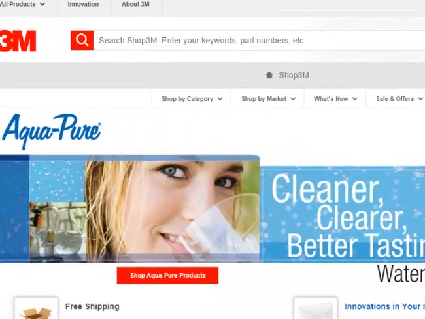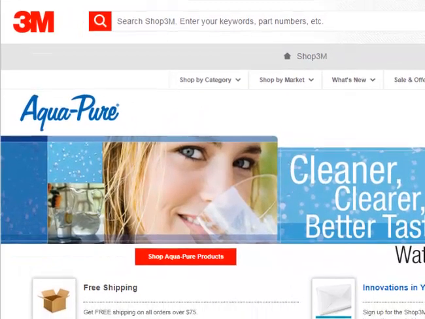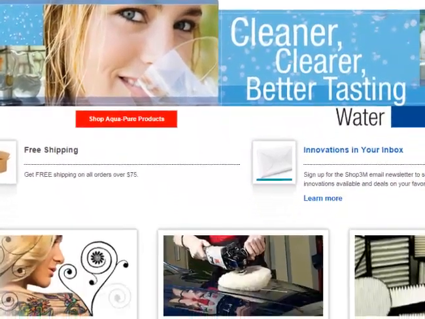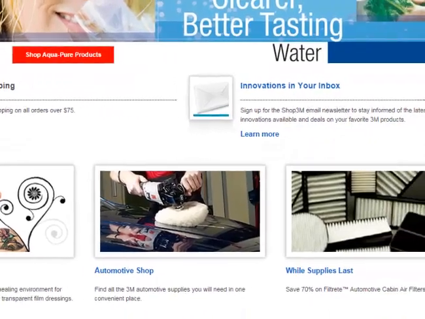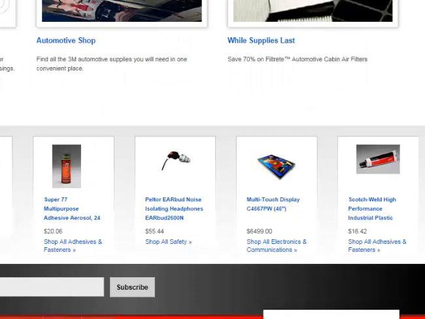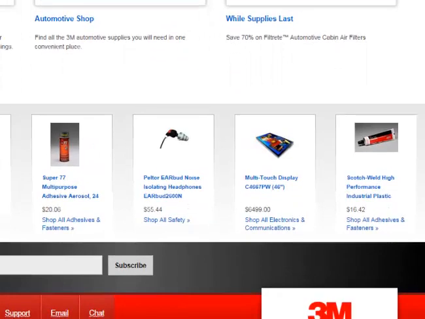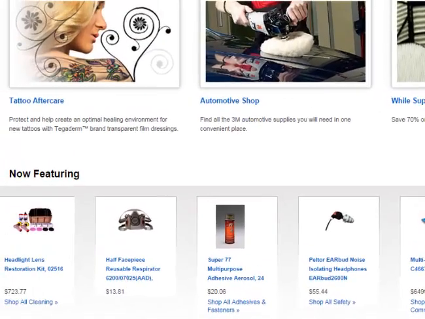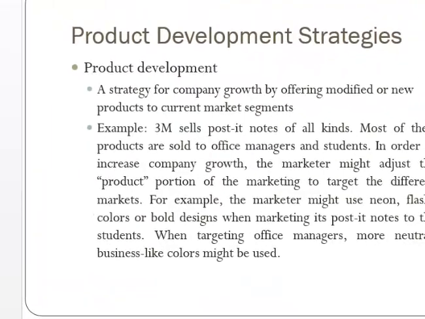This is shop3m.com, and you can see they have clear tasting water and tattoo aftercare, their automotive shop, furniture, lamps, all sorts of things, because 3M has gotten to the point where they realize that they probably can't make a huge company out of just selling Post-it notes, so they sell all kinds of different things.